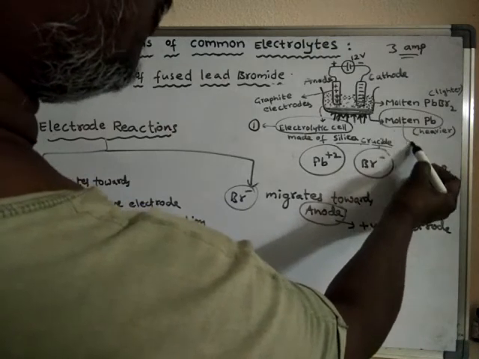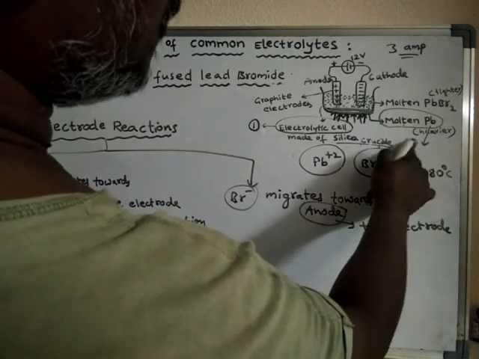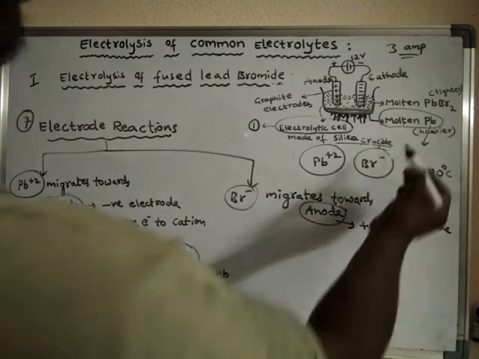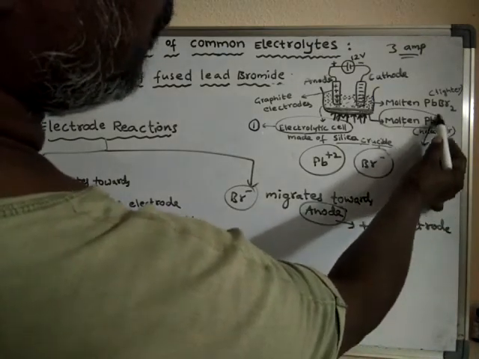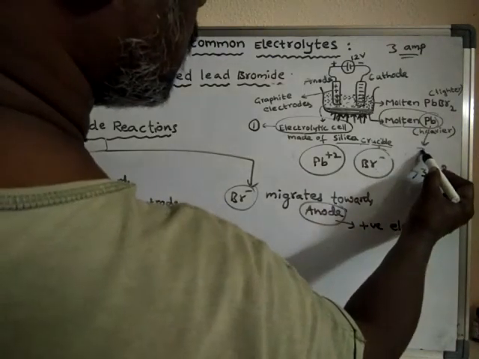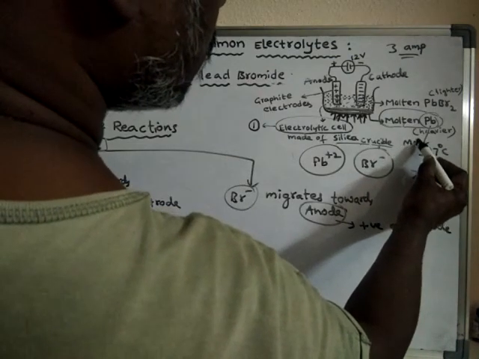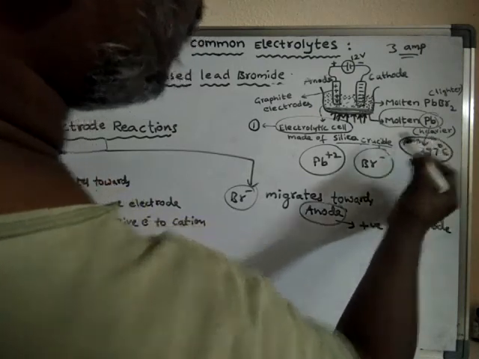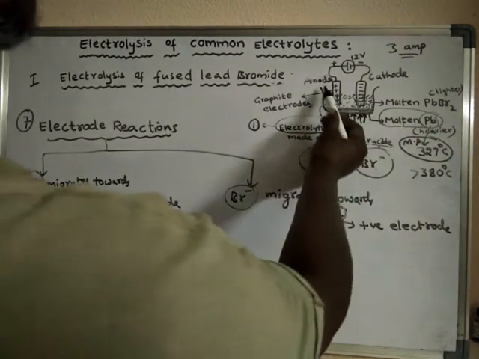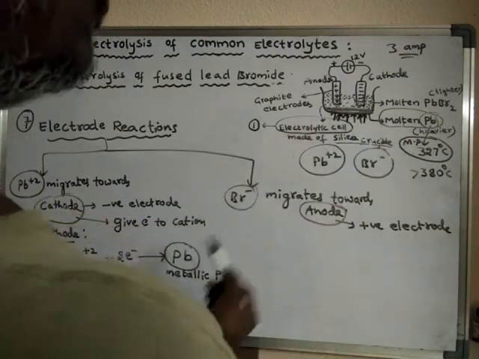See, the melting point of lead bromide is 385 degrees centigrade, whereas metallic lead's melting point is only 327 degrees centigrade. But here we are maintaining the temperature above 380 degrees centigrade.